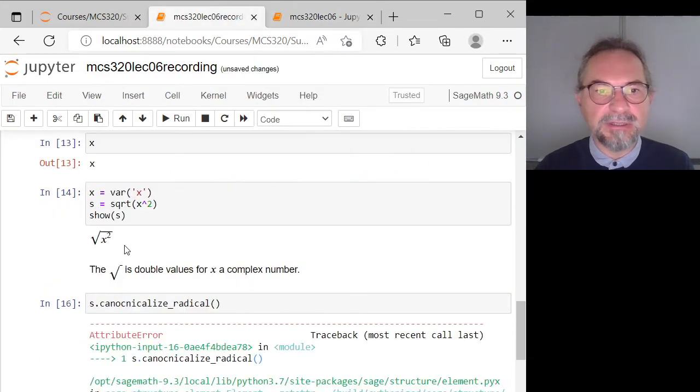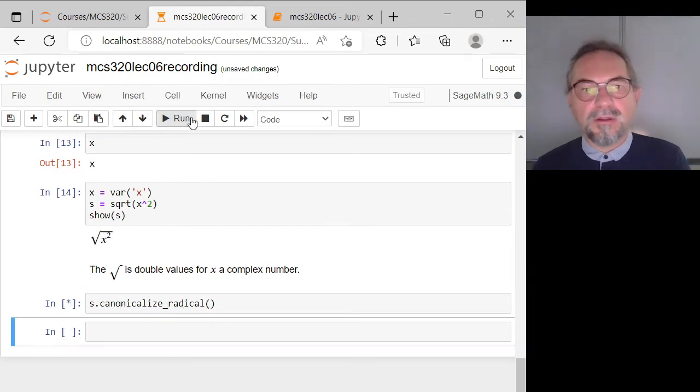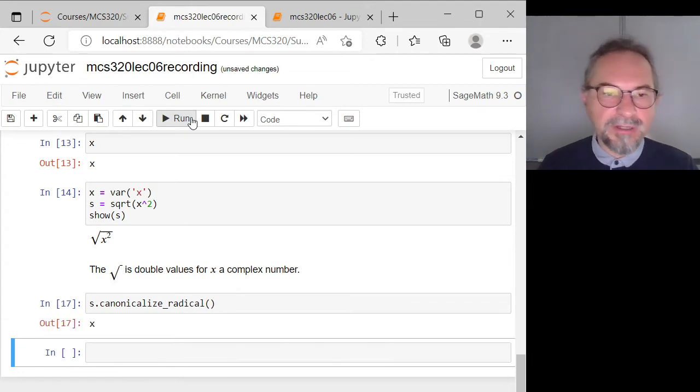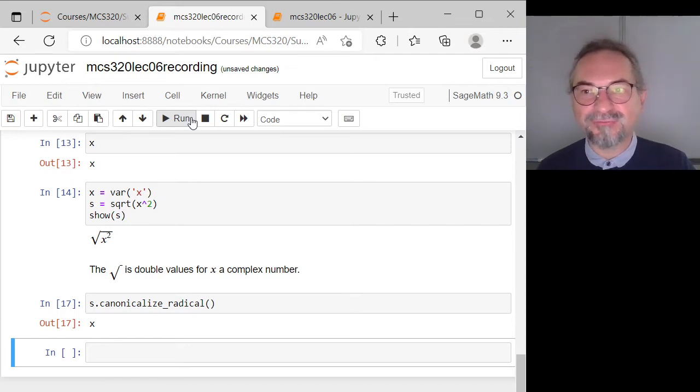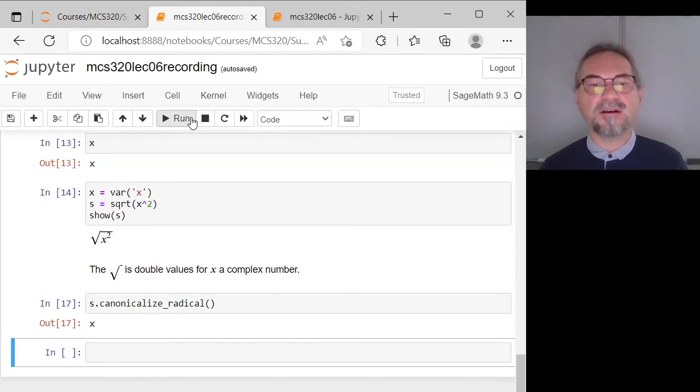Canonicalize the radical. This is a long command. Normalization is a synonymous but more authoritative word, it means to make it canonical. So if you canonicalize, you take the positive value here, and that simplifies things.